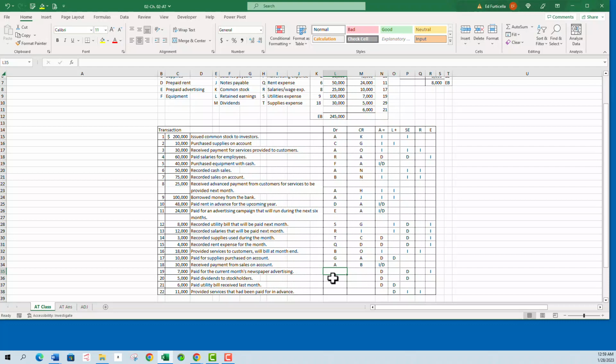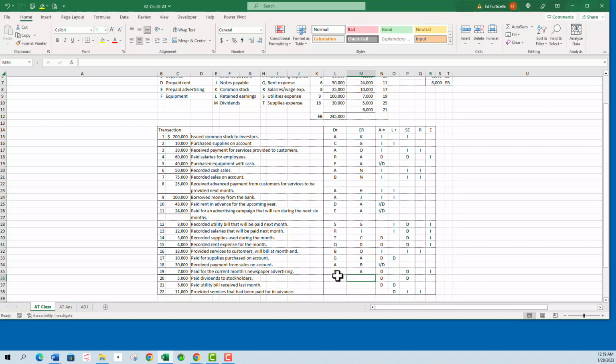The reason why we're using advertising expense instead of prepaid advertising is that earlier, when we used prepaid advertising, we were paying for an advertising campaign that was going to be delivered to us at some point in the future. In this transaction, we're paying for the current month's advertising in the newspaper.